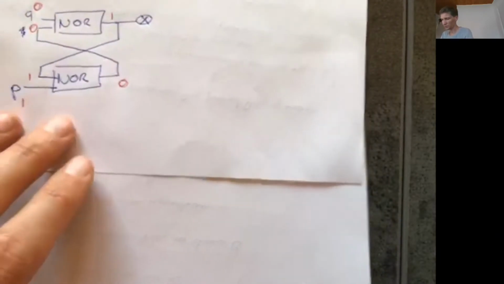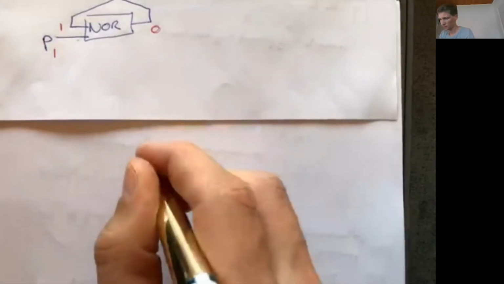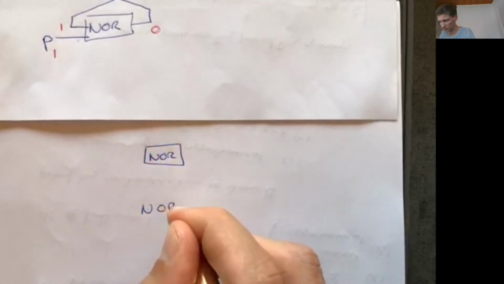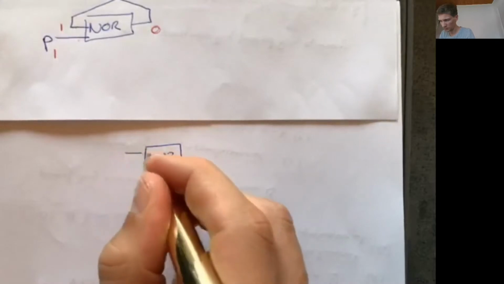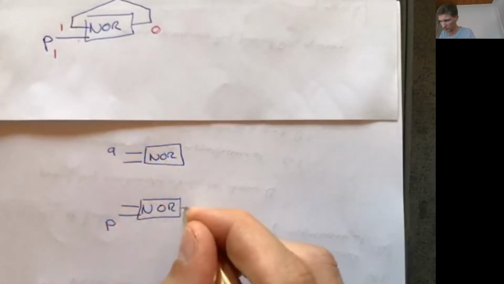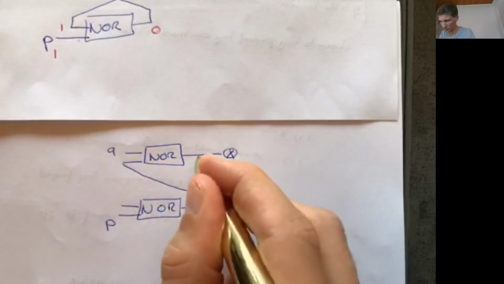Maybe I should draw the circuit again on this piece of paper. So we have a NOR gate here, a NOR gate here, Q, P, output here, output here, output here.